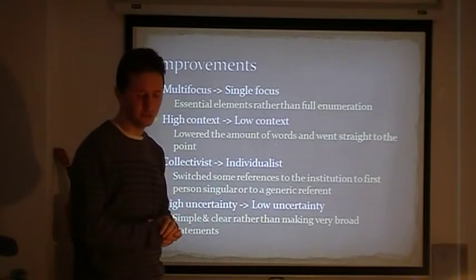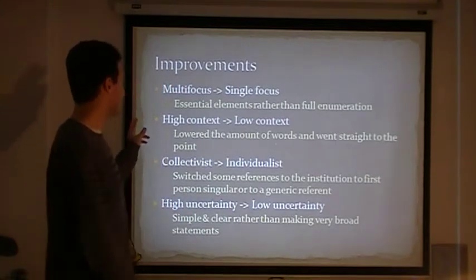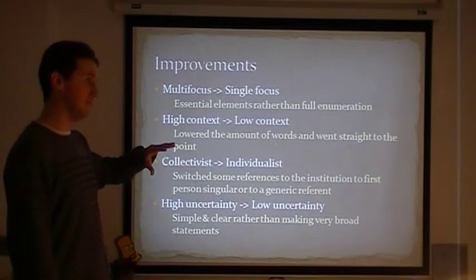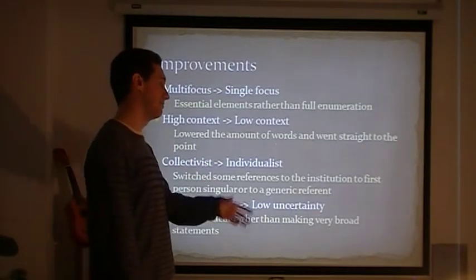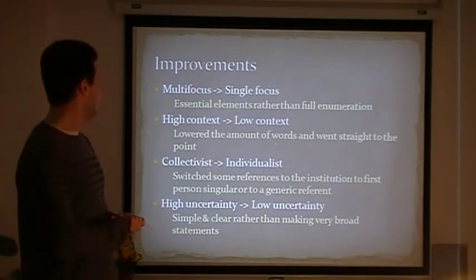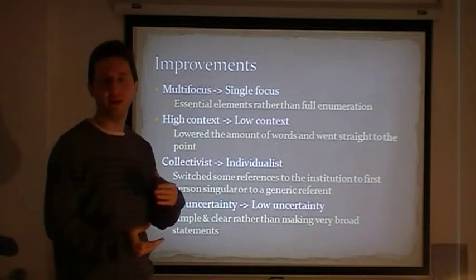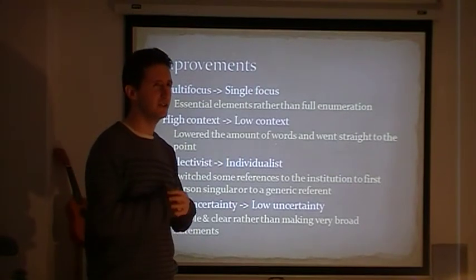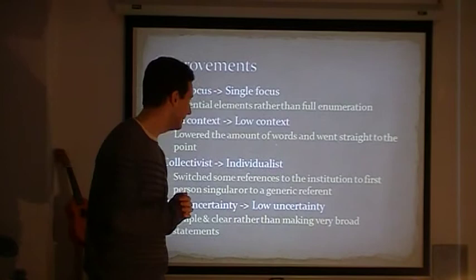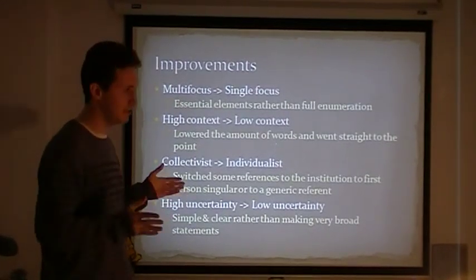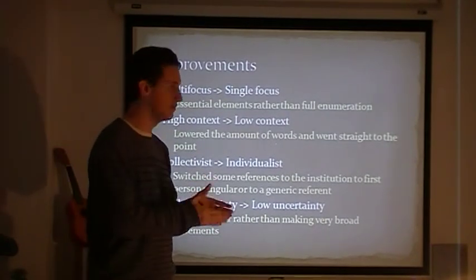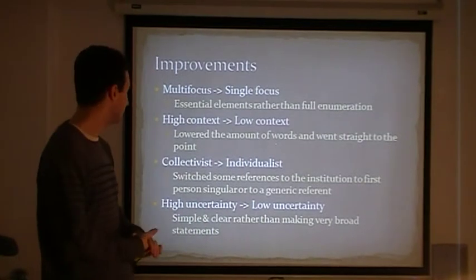In terms of context, I tried to make it more low context, coming from a high context approach. So to do this, I simply lowered the number of words approximately by 220 and used expressions that go straight to the point, once again to make it clearer for the reader.